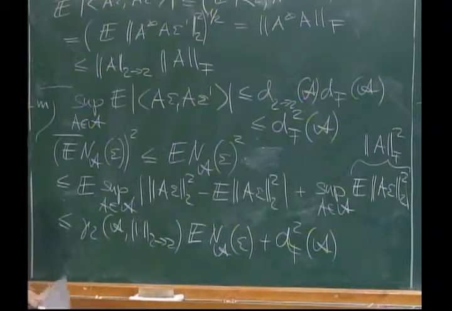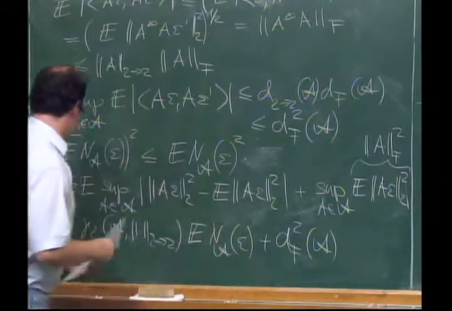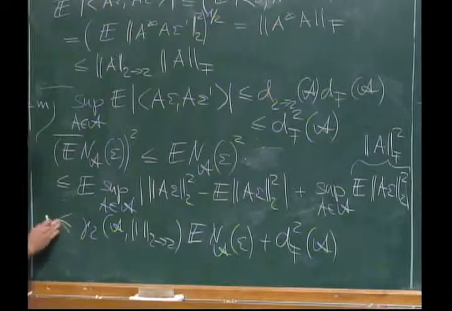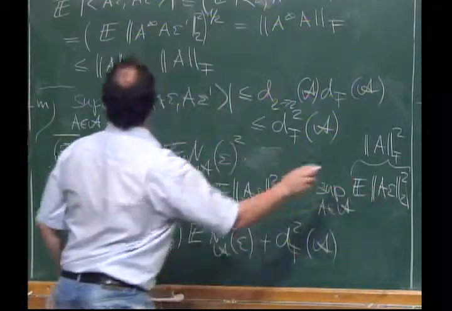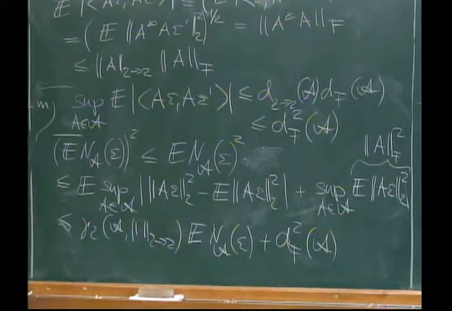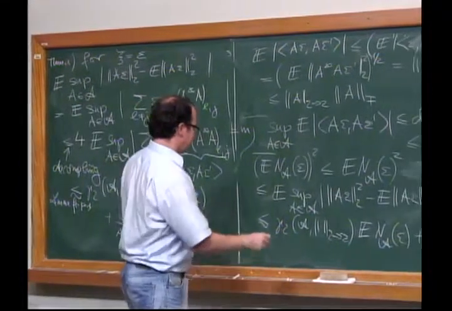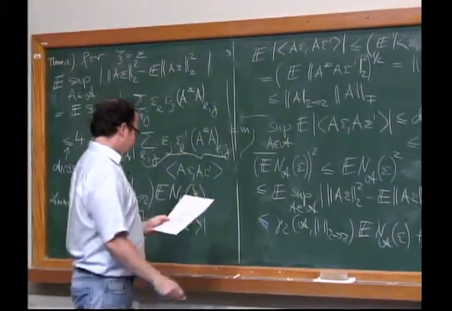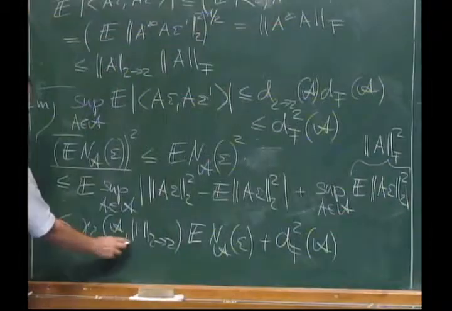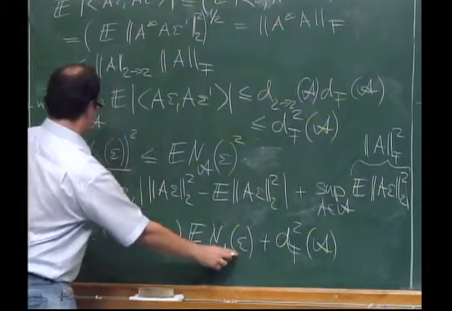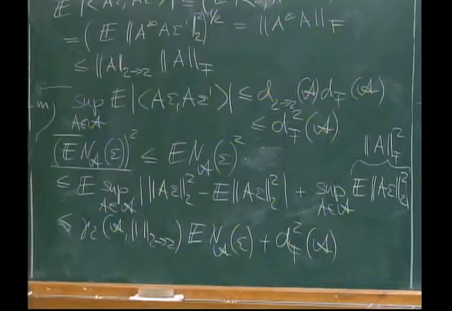Okay, so actually, this term appears twice, once from here and once from that bound, which is this term here. So altogether, we have the square of this is bounded by this times this term again, but without the square, plus something.